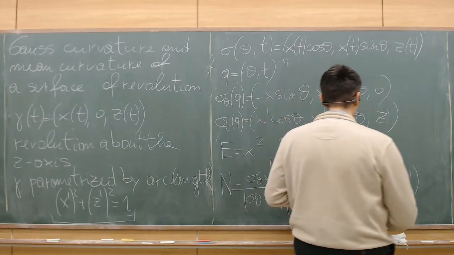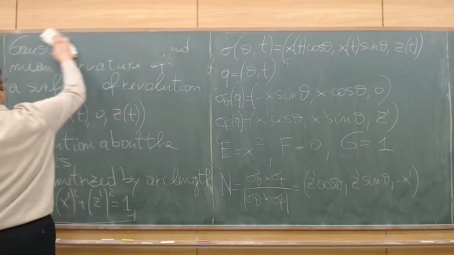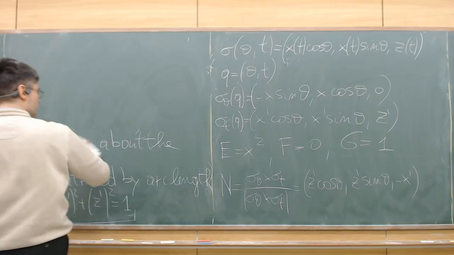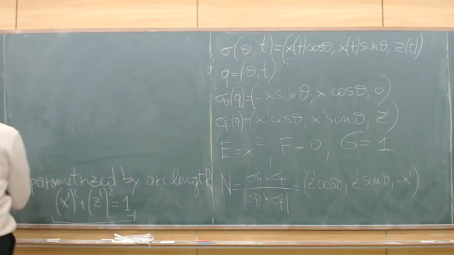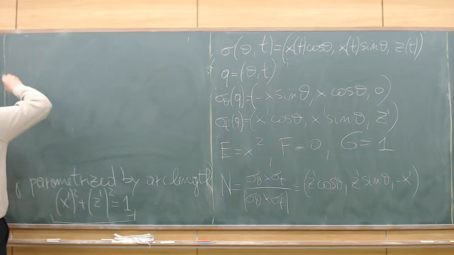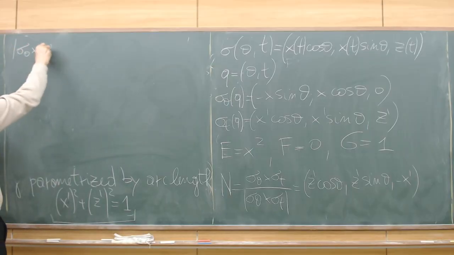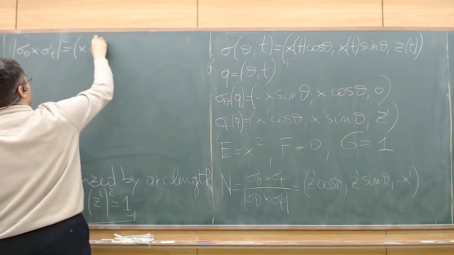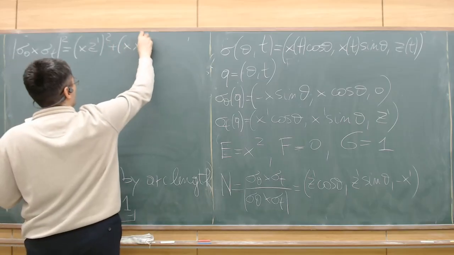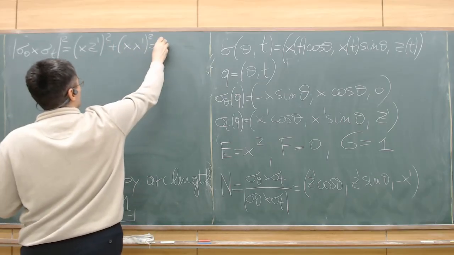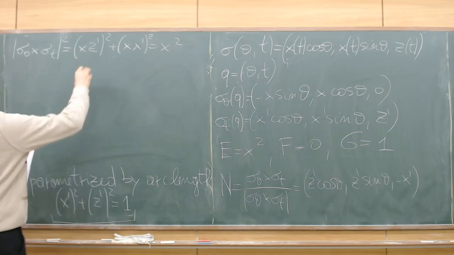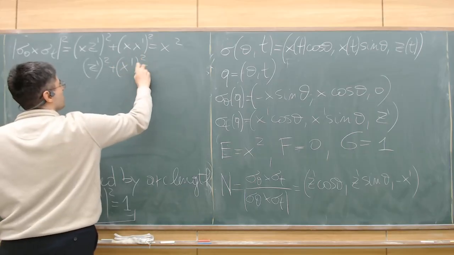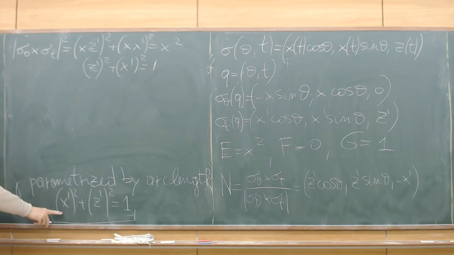In fact, if you make the computation, you will find out that the length of sigma theta cross sigma t squared is x squared times z prime squared plus x prime squared, and this is equal to x squared because z prime squared plus x prime squared is equal to 1, which is exactly what we wrote here.